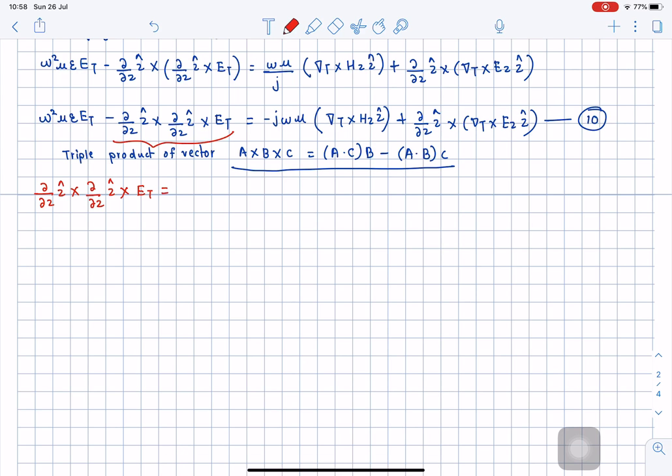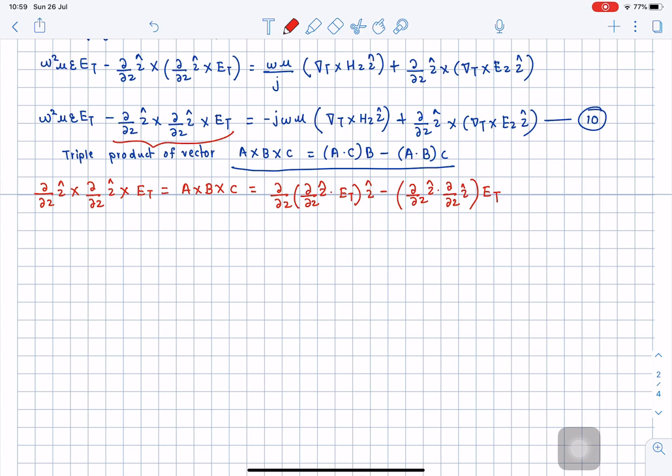This can be treated as A cross B cross C. So what we can write then? Dabba by dabba z of z cap dot E of t into z cap, minus dabba by dabba z of z cap into dabba by dabba z of z cap dot E of t.